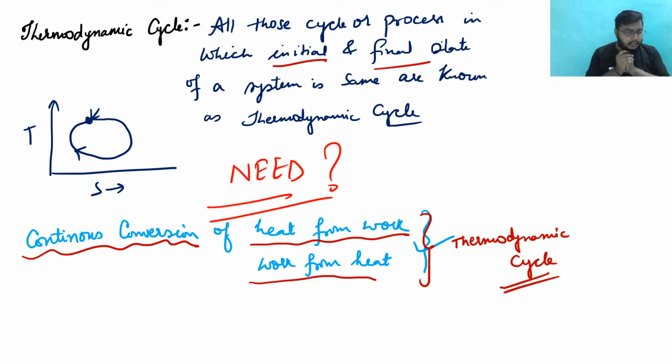Because in application, in a thermal power plant or any gas power plant, we want continuous conversion of heat from work and work from heat. Only a thermodynamic cycle can do this, and hence we are studying the thermodynamic cycle, right?